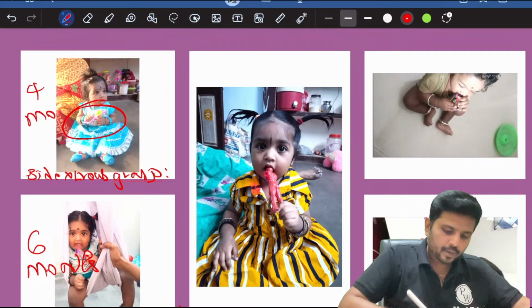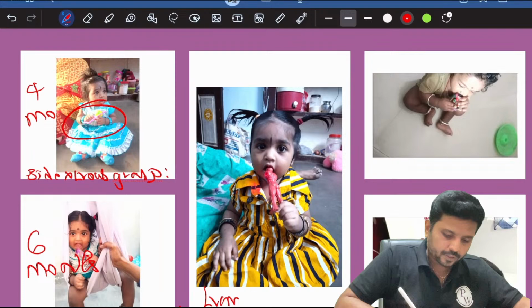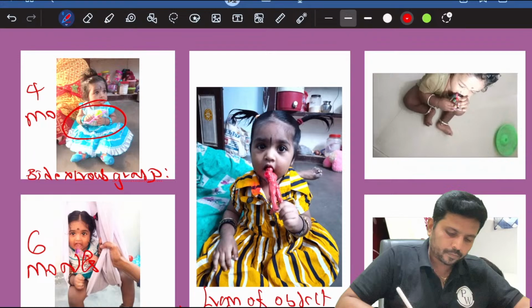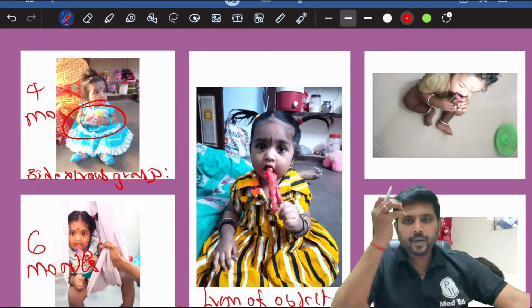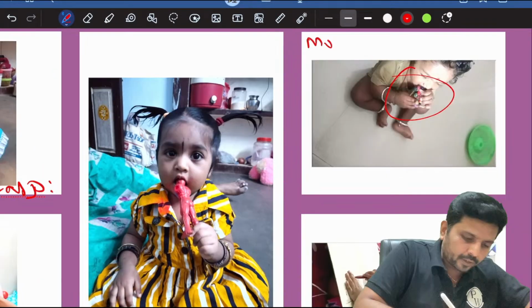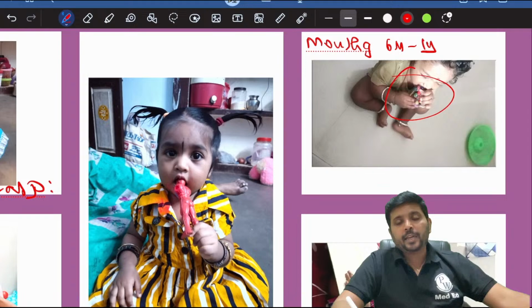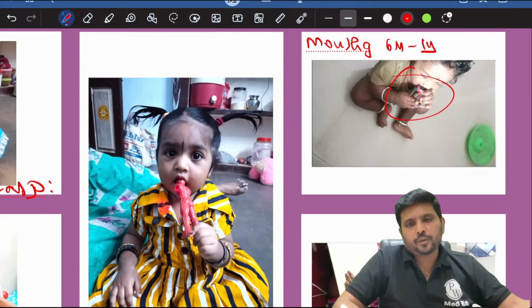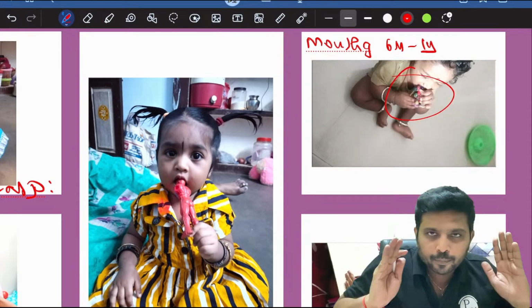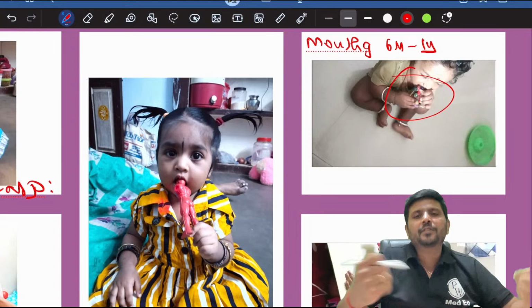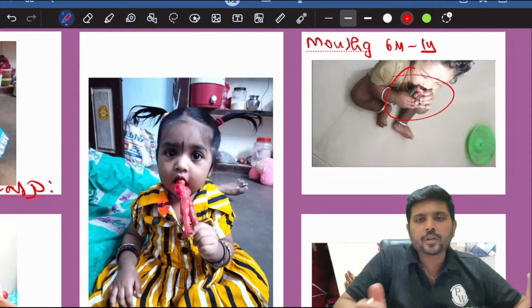Transfer of objects occurs by about 6 months. Everything into mouth: mouthing usually lasts between 6 months to 1 year. After that, they won't put everything into mouth, only selective things, whereas between 6 months to 1 year, they will put everything into mouth.